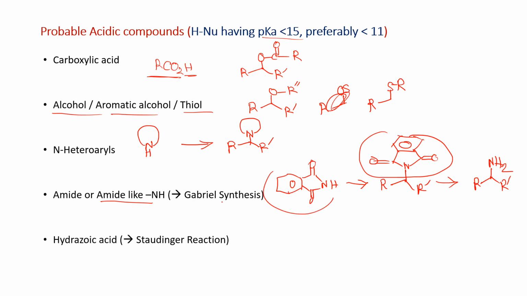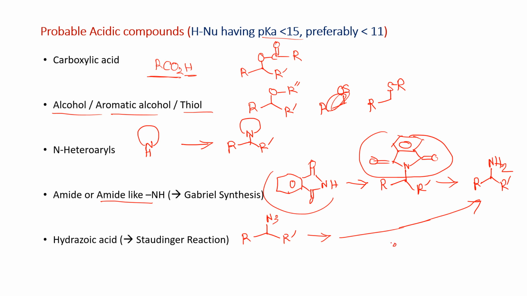Then hydrazoic acid, if we take HN3, then the product will be like this, some azide group will be there. Now we can do Staudinger reaction, and as a result again we will end up with this type of amine. So here we have taken all the variety of probable acidic compounds that we can take, and one more acidic compound also you can take where an active methylene group is present.